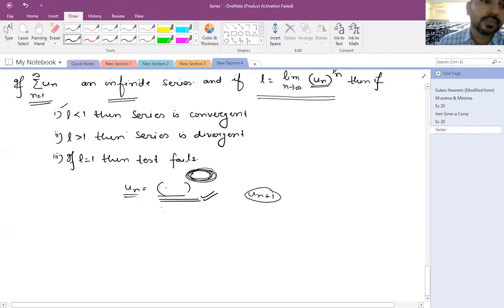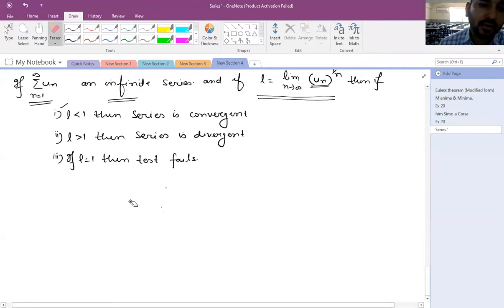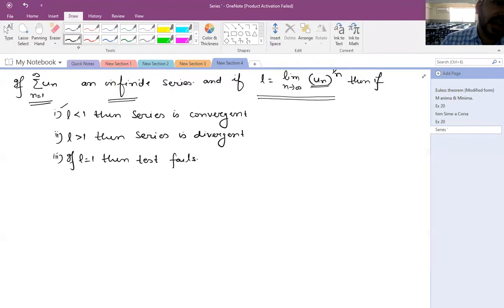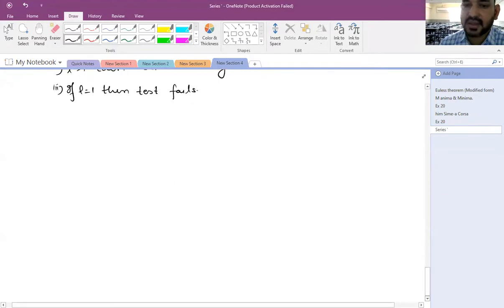So I expect that you can just by visualization decide कि हाँ यहाँ पे रूट लेना ज्यादा आसान होगा.